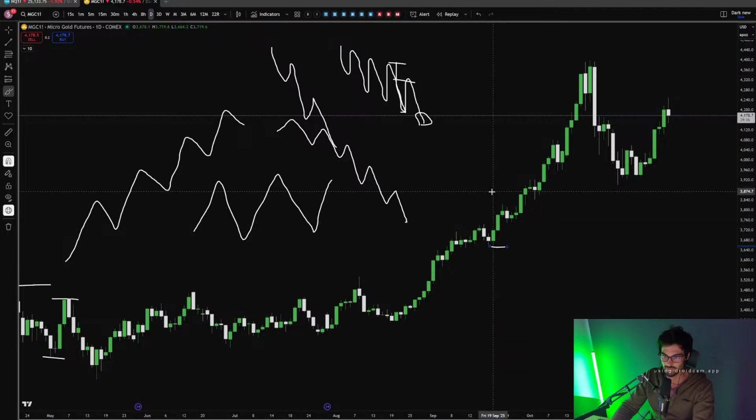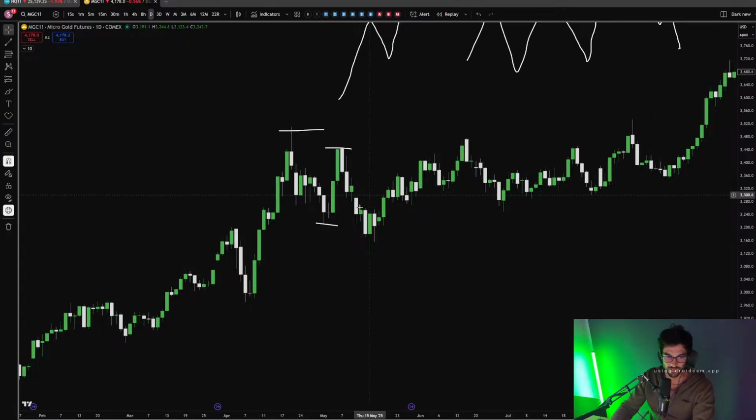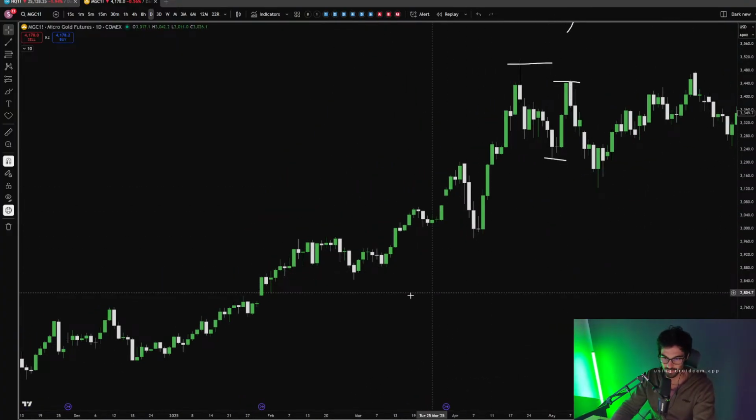Again here, from here to here, not even to the 0.5, strong push to the upside. Normally you would count an extension. Okay, well, this is the start of the trend, so it should not be taken into consideration.